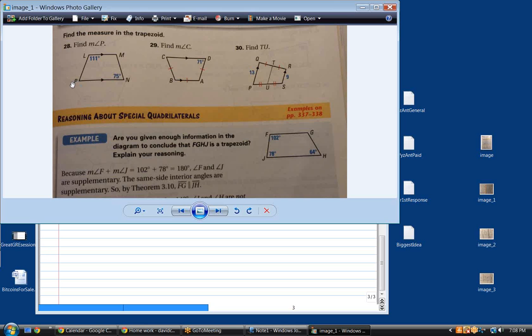P would be 75. Only if that is an isosceles trapezoid. So it is parallel only on 2 sides. Doesn't that make it isosceles? No, actually, yeah, you're right.